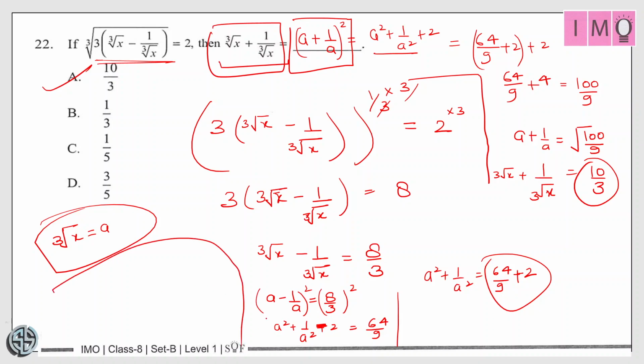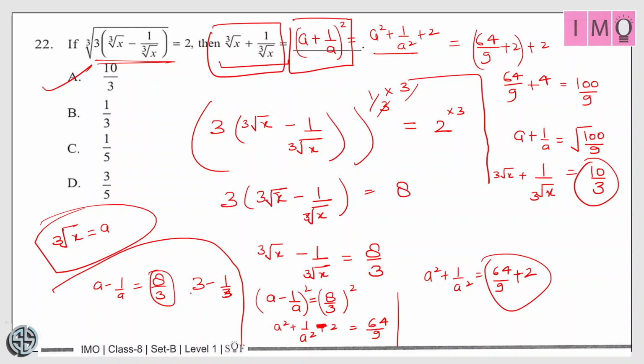How can you solve that very easily? Once you have written it as a minus 1 upon a equals 8 upon 3, you can solve that, or what you can do is just try to split that fraction, because it is 8 upon 3, so you can write it as 3 minus 1 upon 3.